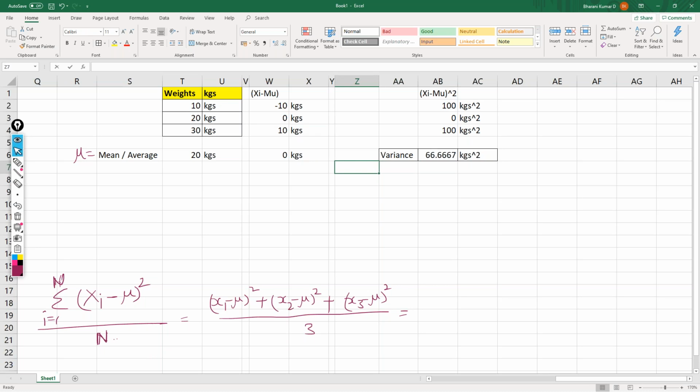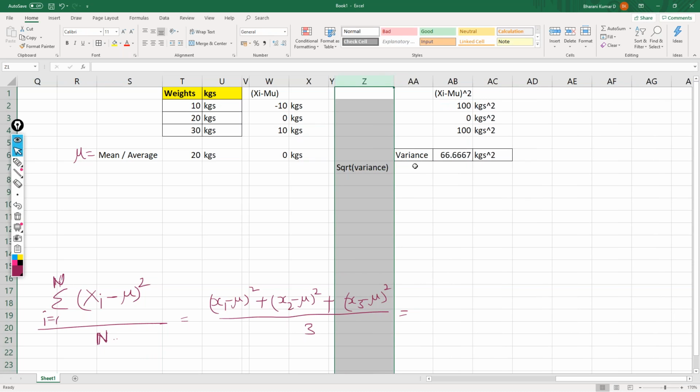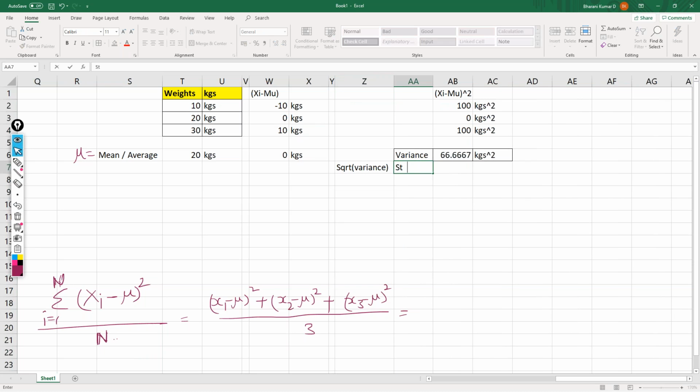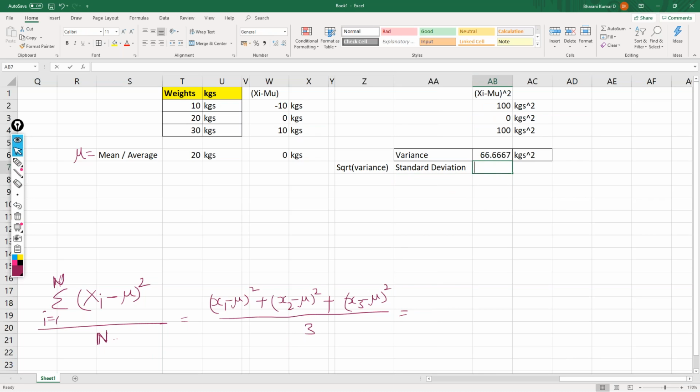Now let us again take the square root, get back the units by taking the square root of variance, and the square root of variance is given a different name called standard deviation. And it is very simple. Just take the square root of this number and then you get kgs. You get back your original units as kgs. Job done.